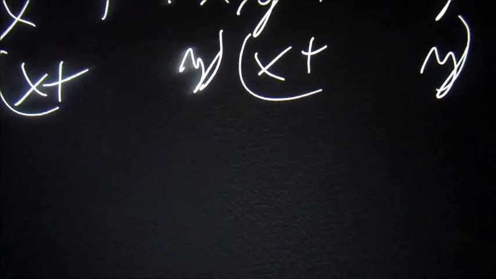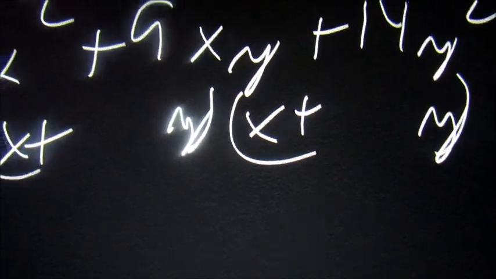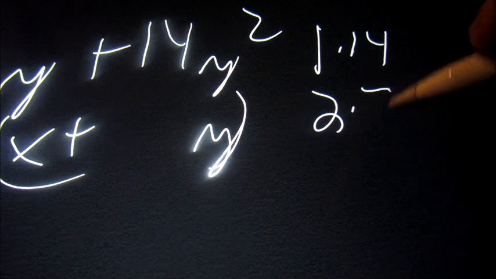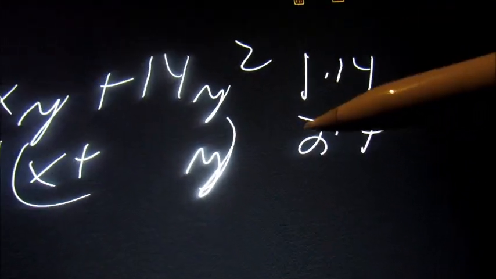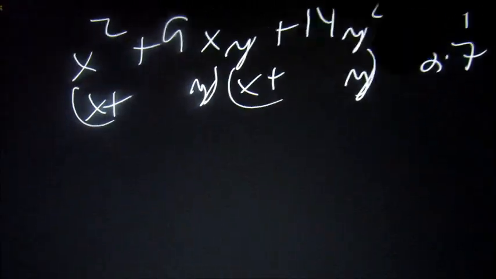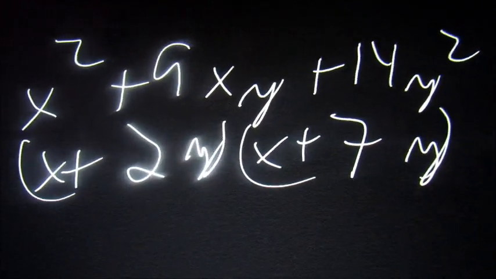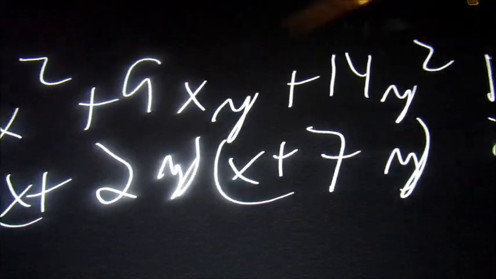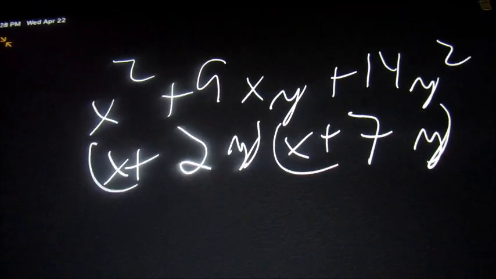And because these are both pluses, that means my factors of 14 have to add up to 9. So my choices are 1 and 14, 2 and 7, and none other exist. So the ones that add up to 9 are 2 and 7. And this is how we'll do ones that have y's. If they have a y squared here, this middle term has to be xy, like that.